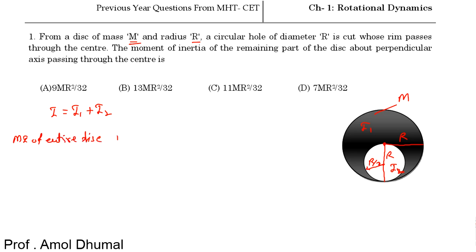Now we can find the moment of inertia of the entire disk. I is equal to mr square by 2. This is the formula which we know. Now we'll find the moment of inertia of the removed part or disk.